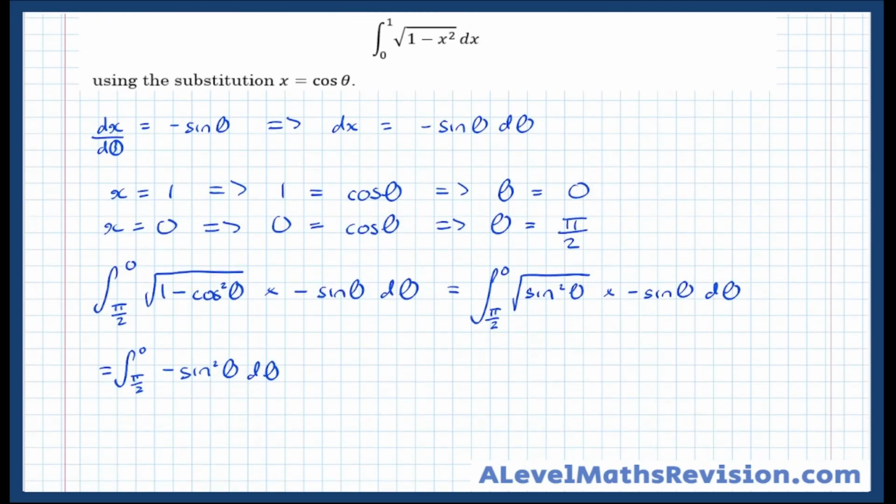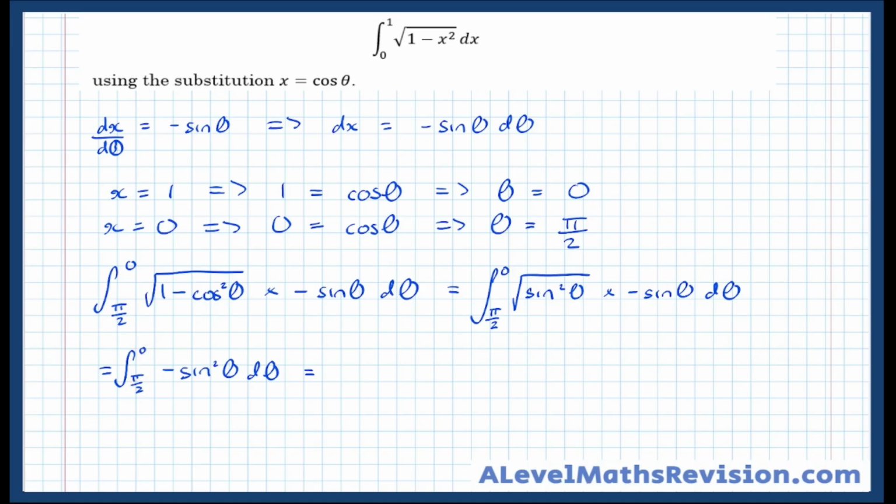And an interesting thing can happen here. Notice that this is negative sine squared theta. If I swap the limits top and bottom, it means I do the limit subtraction in the opposite order, getting the negative of what the answer would have been had I not swapped them. So if I sub that in and take away this having been subbed in, I get one answer.